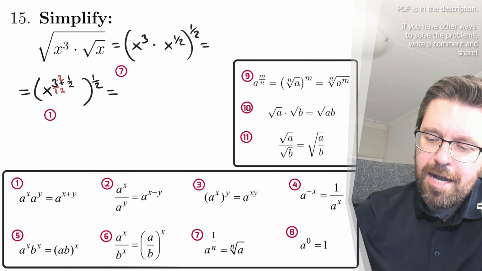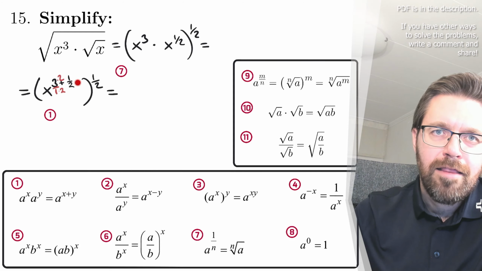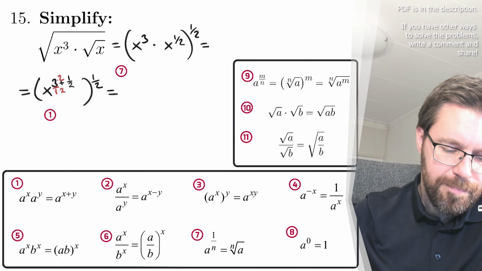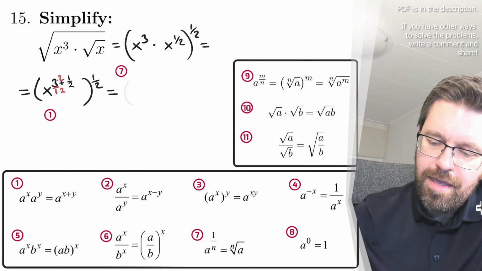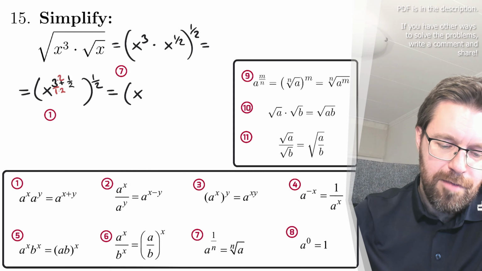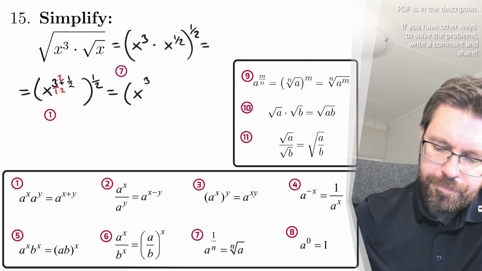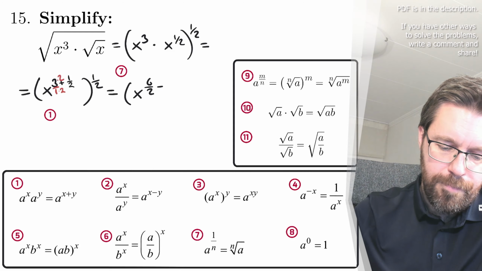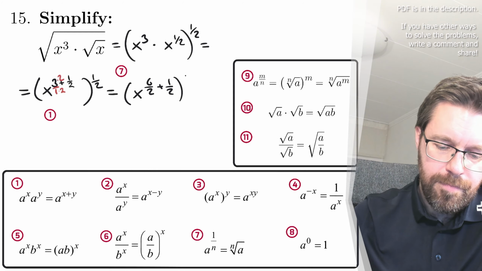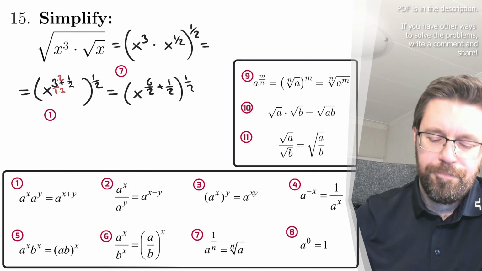So the denominator here is 2 and 2. So inside the parentheses we have x raised by 3 over 2 plus 1 over 2. No, 6 over 2, plus 1 over 2, and then raised by 1 over 2.